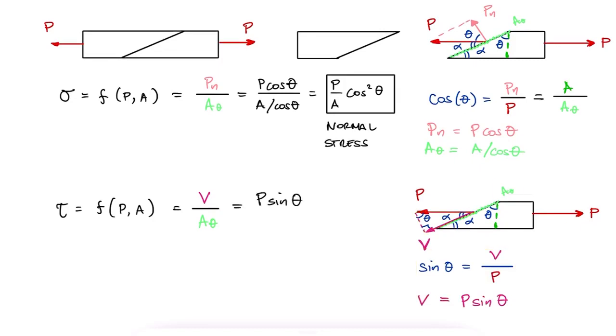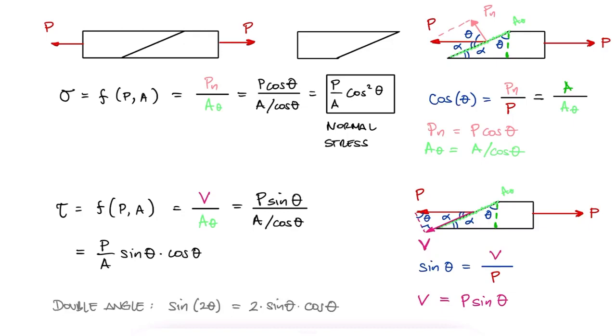And since the slanted area hasn't changed, it is still A over cosine of theta. The expression for this shearing stress would be P over A times sine times cosine of theta, which, if you remember your trig identities, can be simplified to P over 2A times sine of 2 theta.